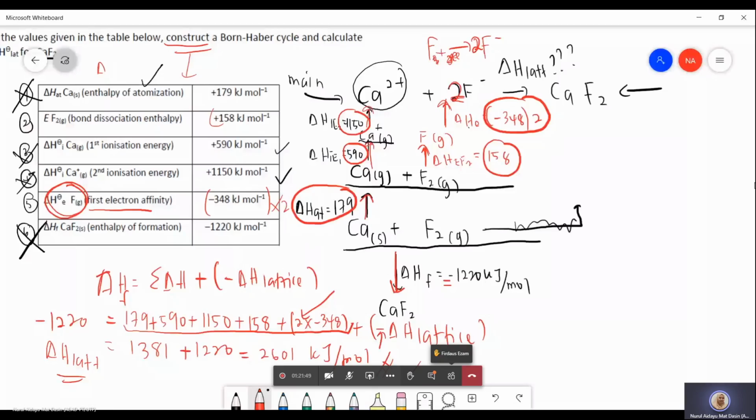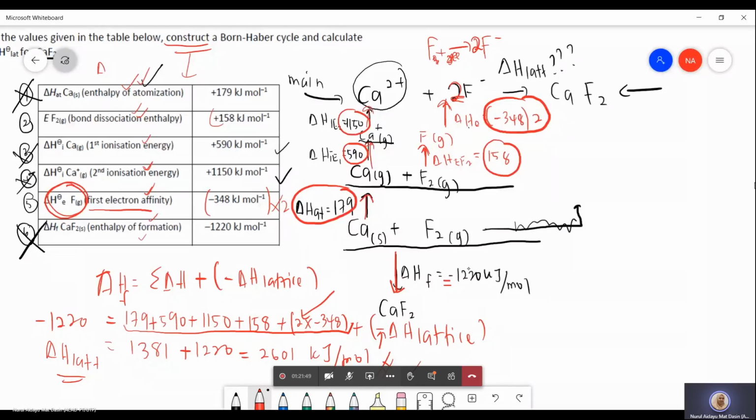In order for you to understand more, try to find out the definition of each term here. You have to study electron affinity, ionization energy, atomization. Dissociation, I always mention dissociation of water, dissociation of NaCl. Dissociation means to split or separate from the molecule.